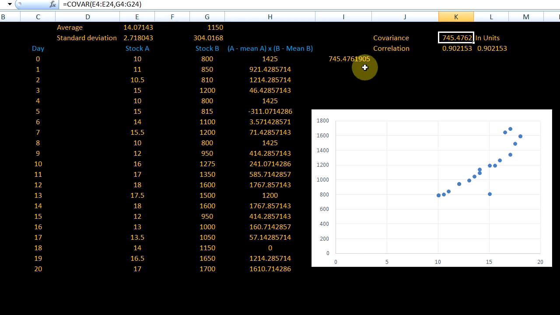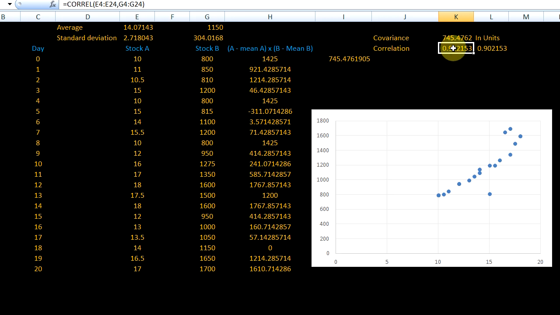So remember, what Excel gives you with this formula here is the population covariance. In other words, Excel has divided by n, not n minus 1. So if you want to calculate the sample covariance, you need to multiply this number by n, the number of observations, which in our case is 21, and then divide by n minus 1, which is 20. So remember that this formula only gives you the population covariance.